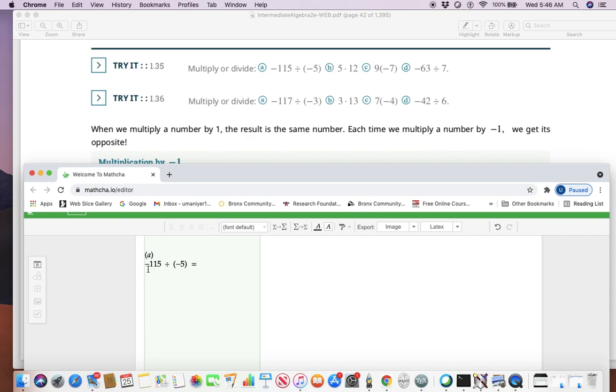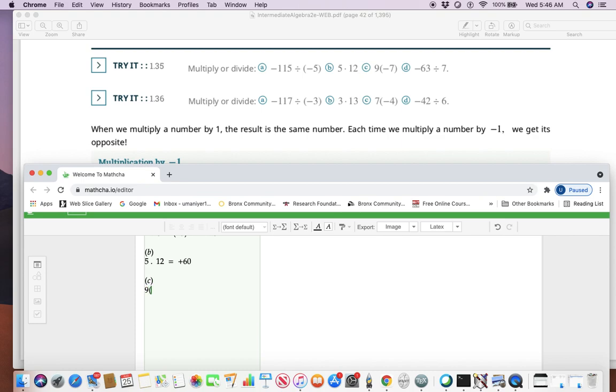So notice, negative divided by negative is a positive. 115 divided by 5 is 23. B. 5 times 12. They are both positive, so the answer is positive. 5 times 12 is 60.